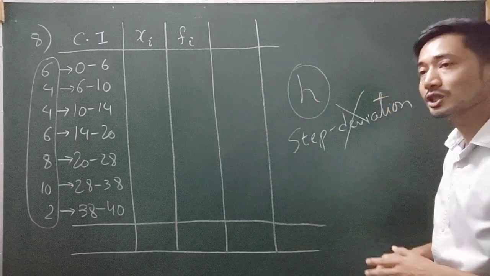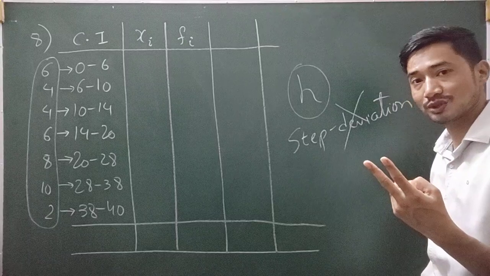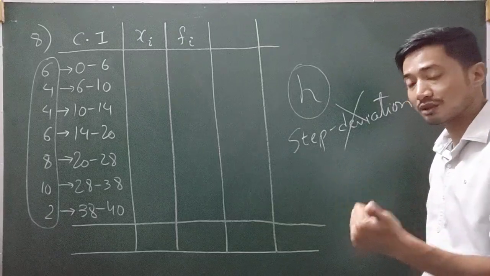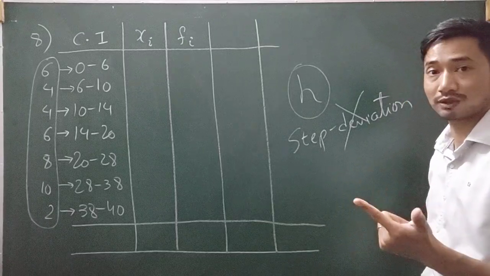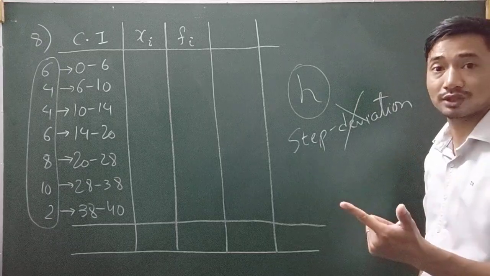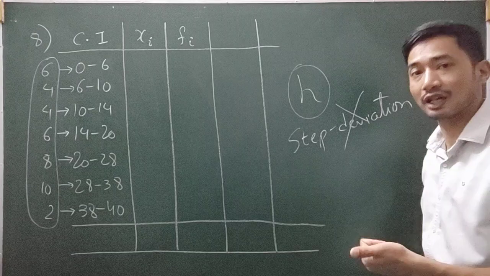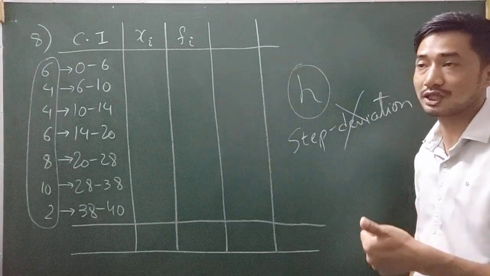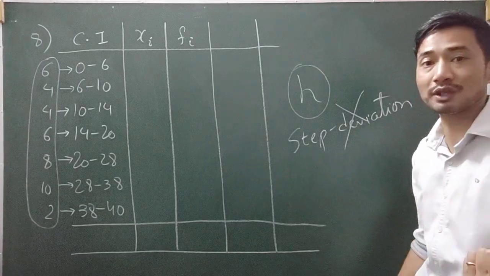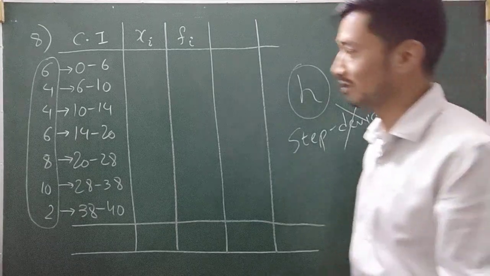But you have the other two methods, either the direct method or the assumed mean method. Since direct method is direct, I'll just use the direct method here. No problem, because in the direct method we will not be using h, so not a big deal. So don't be worried about this question.